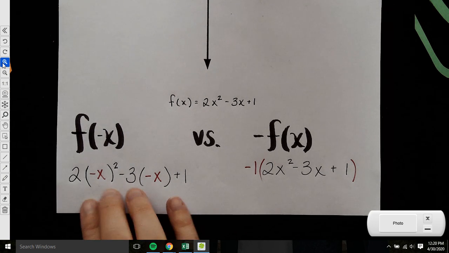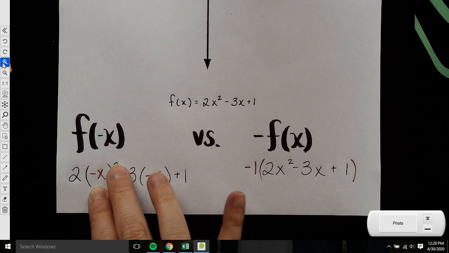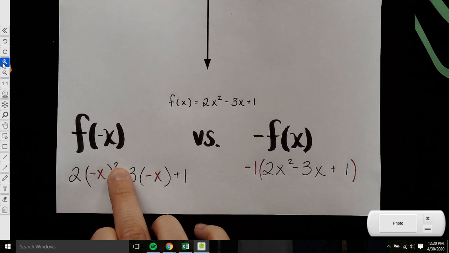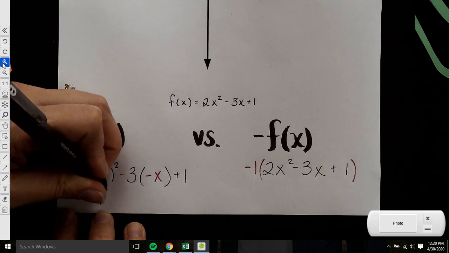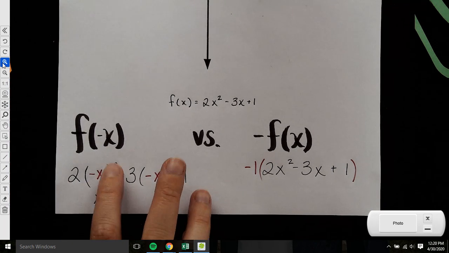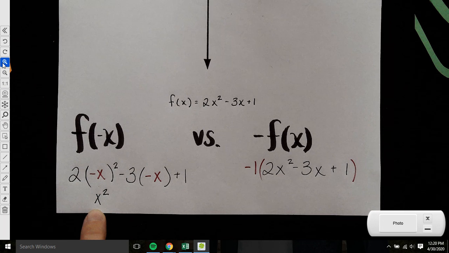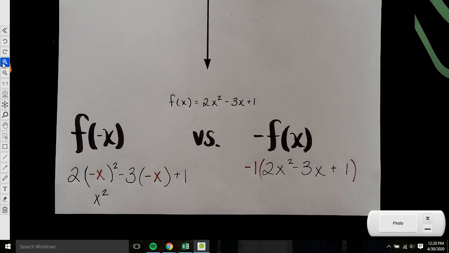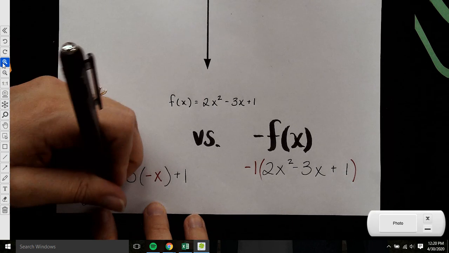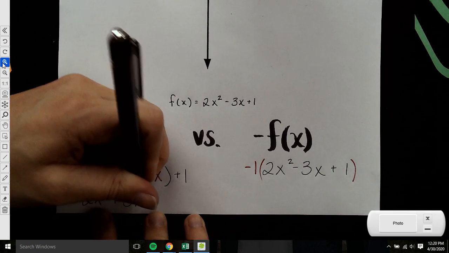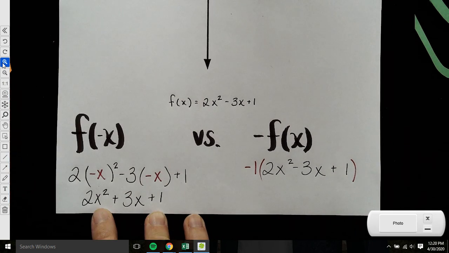So if I'm doing f of negative x, think about negative x squared. Since I'm squaring it, that would be the same thing as just x squared, because anything to an even power that's negative is going to come out positive. So that'd be 2x squared, plus 3x now, plus 1.